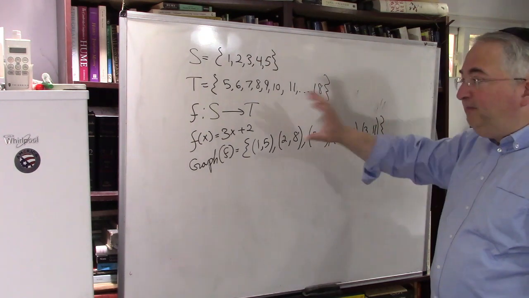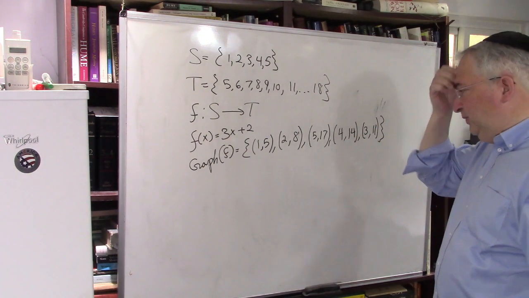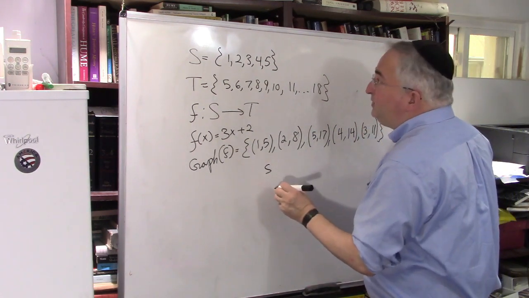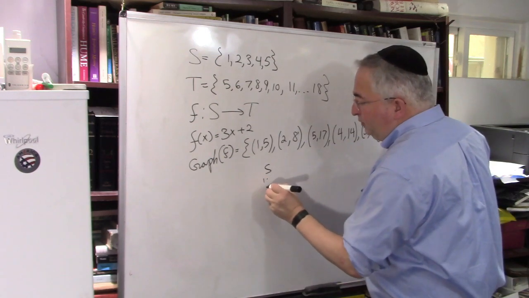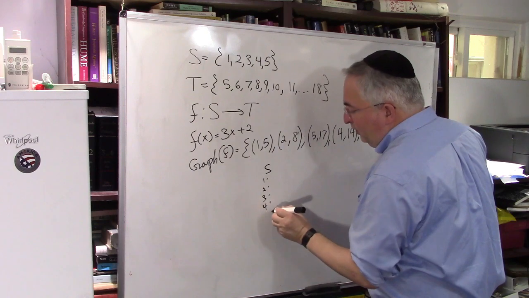Now, we can actually make it into a picture if you want. So we're going to make it into a picture. Ready? S is the set 1, 2, 3, 4, 5.